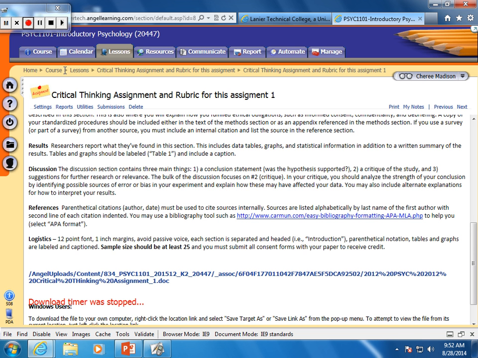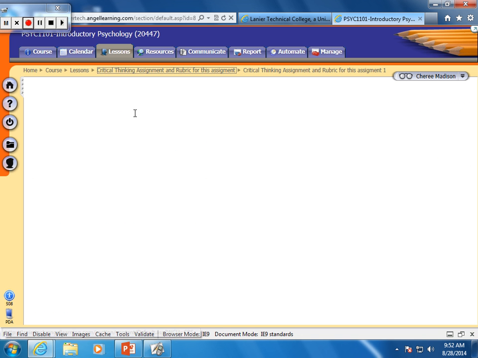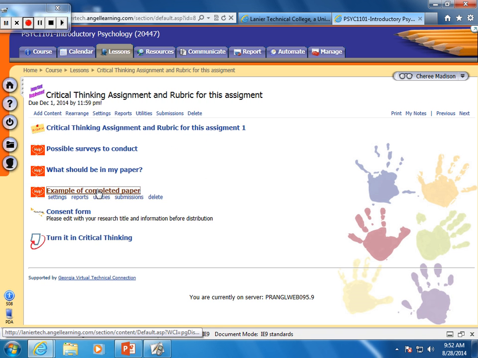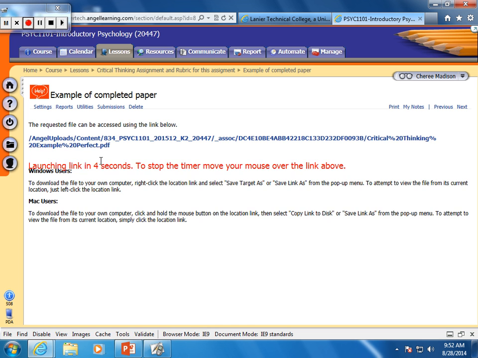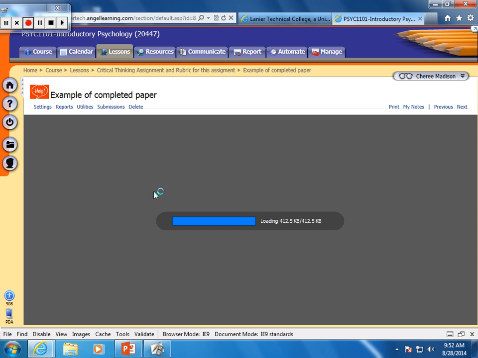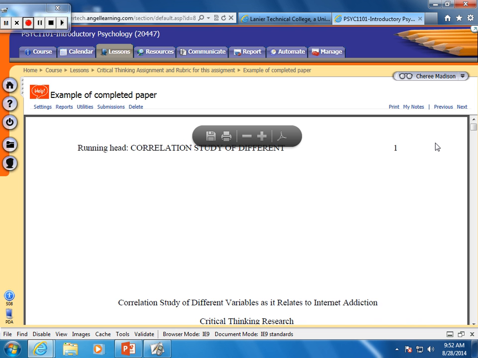Let's see if we can open up the example. Okay. If you go down, you'll see how this is her abstract, you'll see how her paper just continues to flow through. There's no extra spaces.